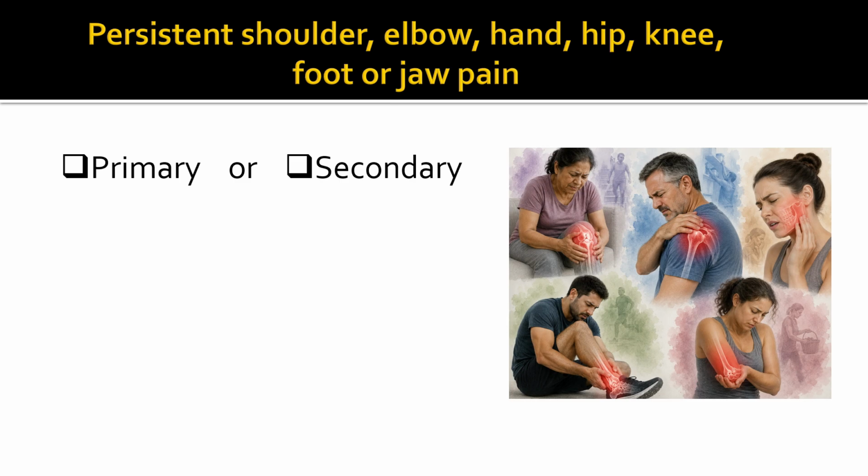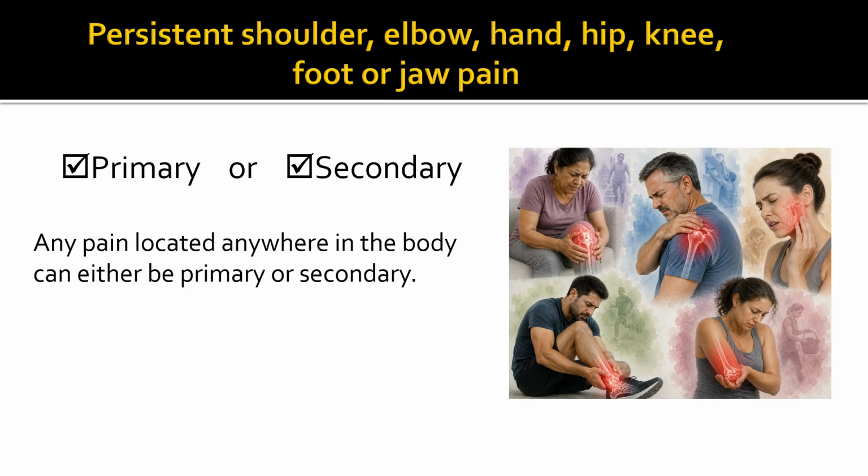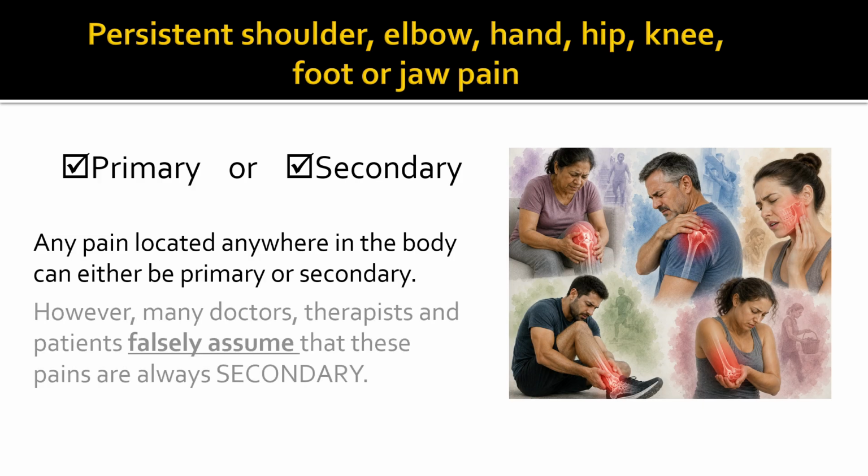Persistent shoulder, elbow, hand, hip, knee, foot, or jaw pain, or TMJ pain, primary or secondary? Again, it's a tricky one because the answer is either. Any pain located anywhere in the body can either be primary or secondary. However, many doctors, therapists, and patients falsely assume that these pains are always secondary.